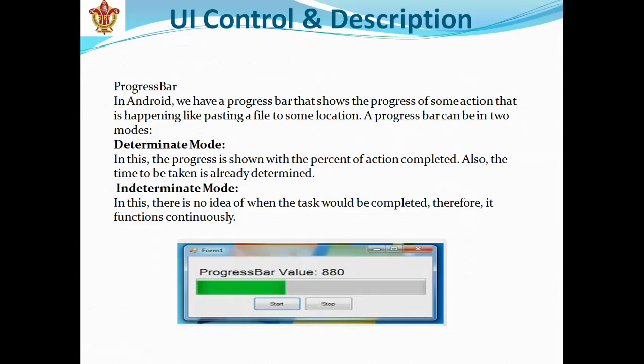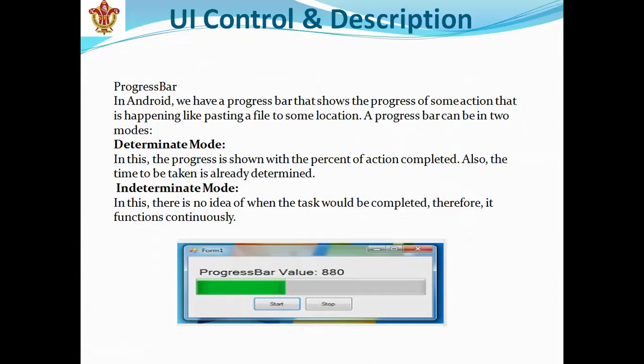Then it would be called the determinate mode. Determinate means you can see the action in the form of percent, meaning 10% completed, 20% completed, 100% completed.